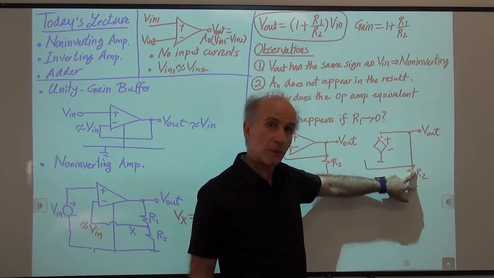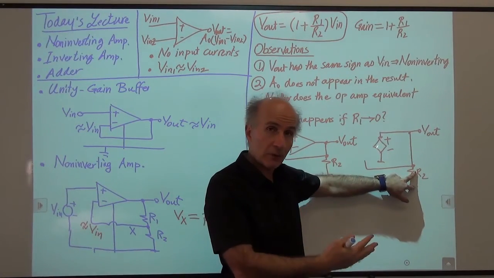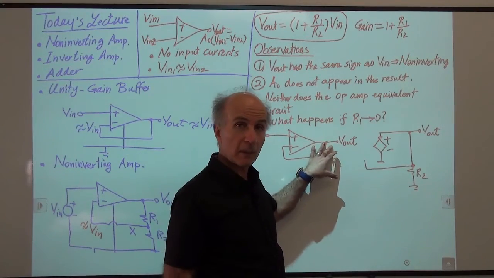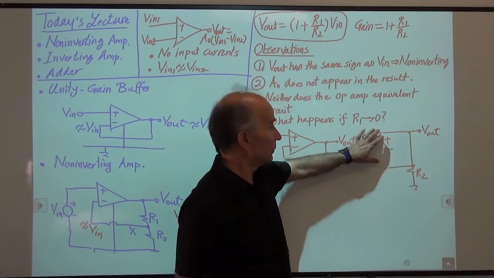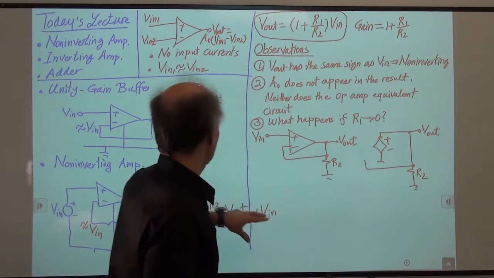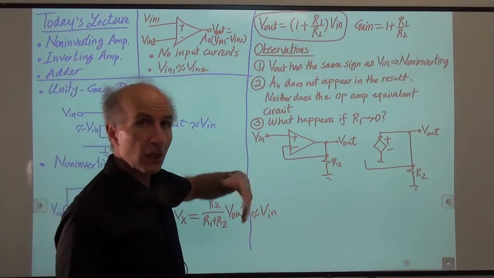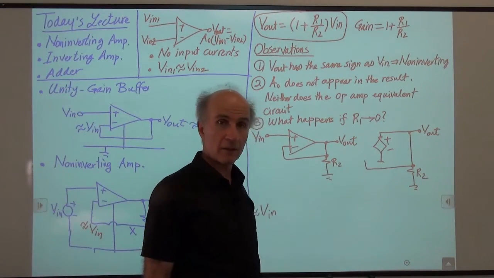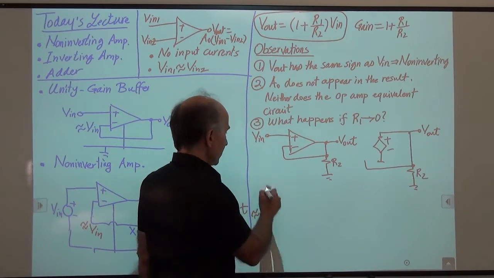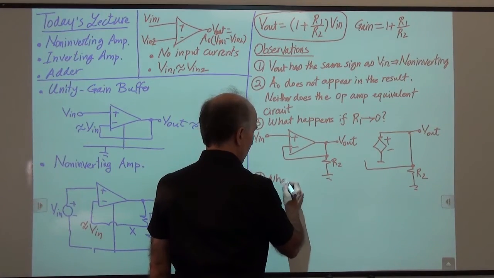So we see that this resistor plays no role in the output of the circuit in this particular case, simply because it is in parallel to a voltage source. All right? So this circuit is identical to the other circuit as long as the op amp is ideally modeled by this voltage-dependent voltage source.